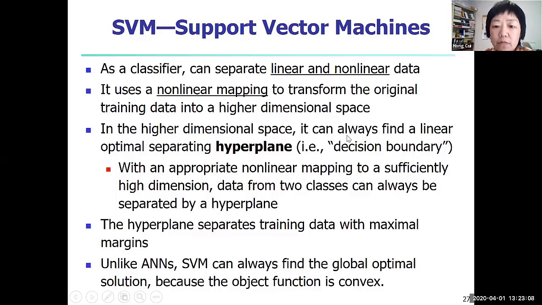When we say always find this hyperplane, this is always a global maximum. This is because the function that we try to optimize is a convex function. Earlier we saw that a convex function is basically just a curve with one single minimum or maximum point. So in these optimization problems, you can always find the global maximum or minimum.